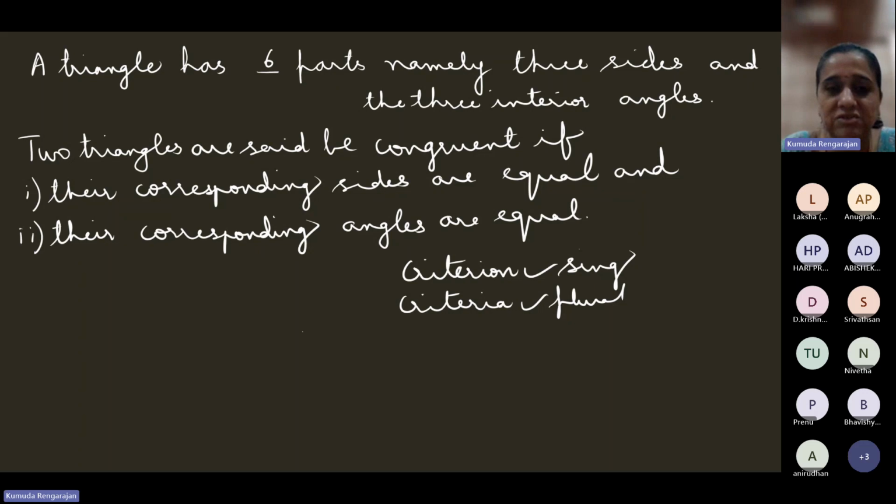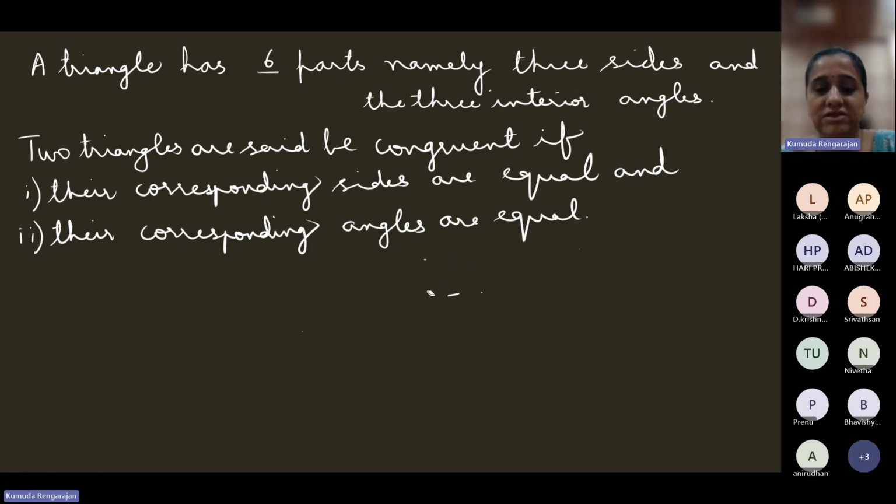With this, you can establish congruency. If they're congruent, you can say they're congruent, else not. So let's list the congruence criteria.